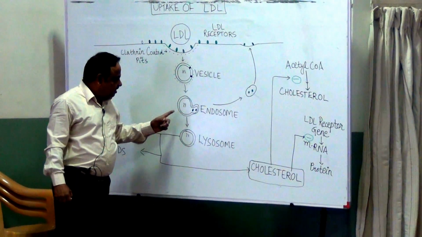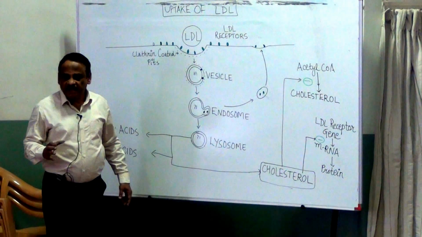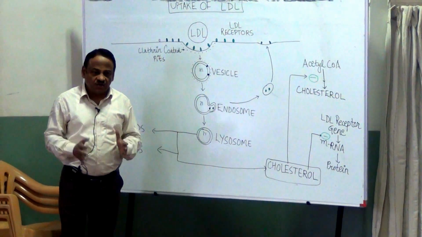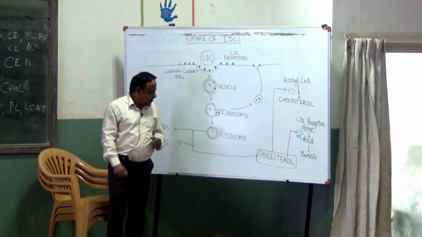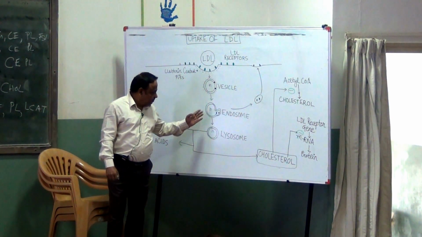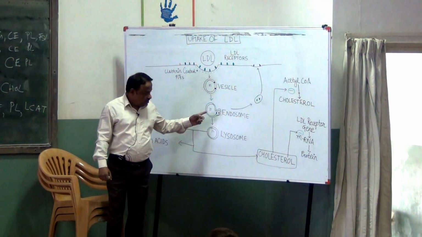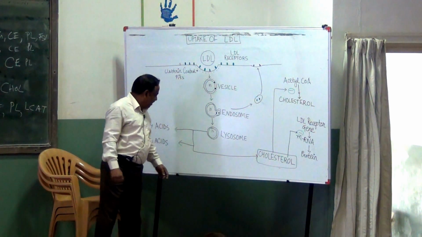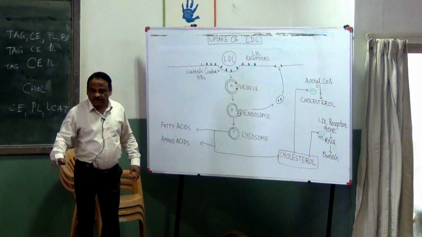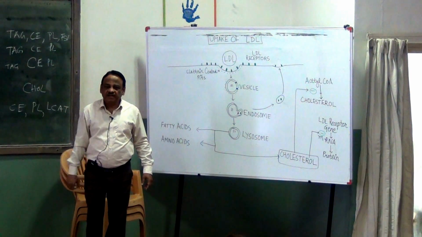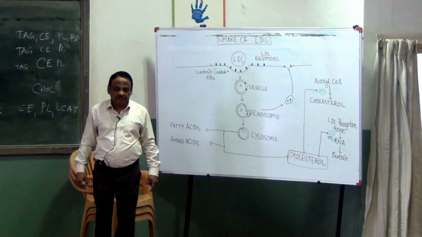So, LDL contains what? LDL contains mainly cholesterol ester, some fatty acid, and one protein, the apoprotein B100.